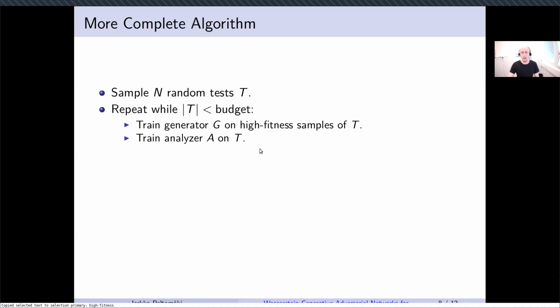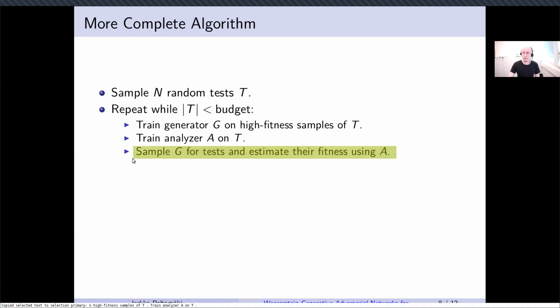Then we train the analyzer on the data we have so far. Then we sample a batch of tests from the generator and estimate how good they are using A. In this step we get some information on how good the tests are, but we don't have to do any executions on the SUT. This is a crucial point.